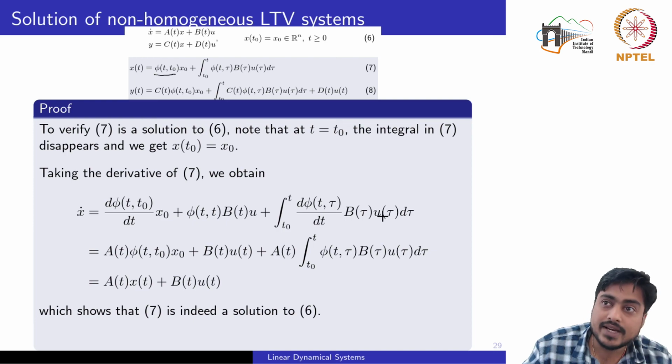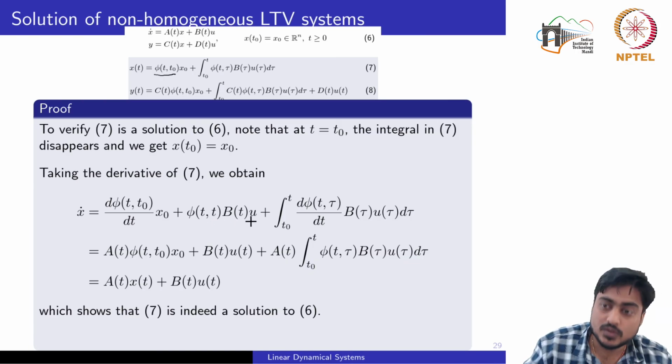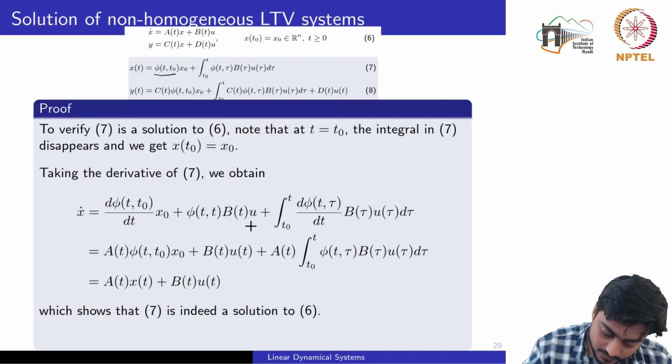B and u would remain as it is, we won't be taking the integral, plus the final value of this integral at time t. So tau basically would become t, phi t comma t. All the taus would become t, right? So we would have phi t comma t B t into u. Okay, u basically is u of t, because we are computing the solution at time t is equal to t.